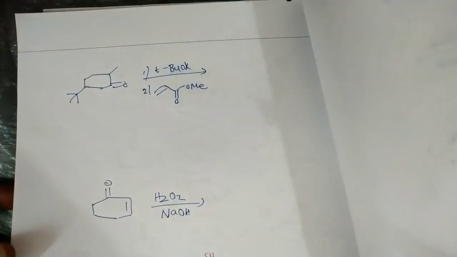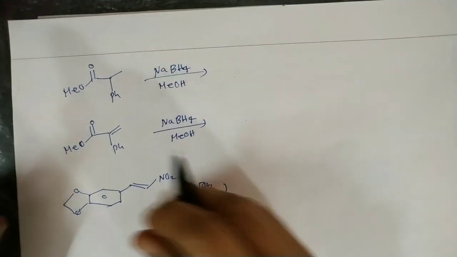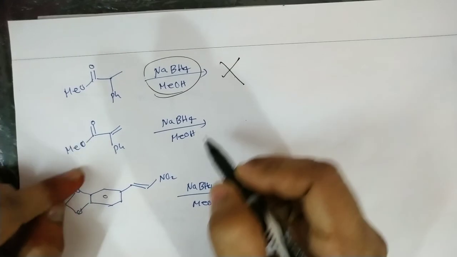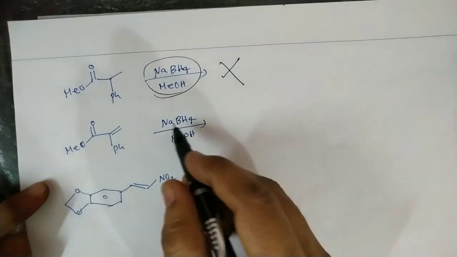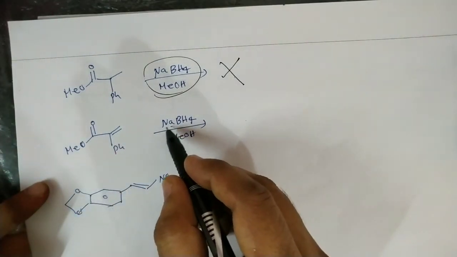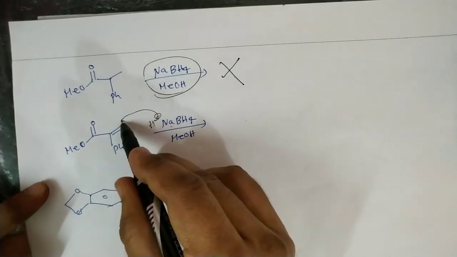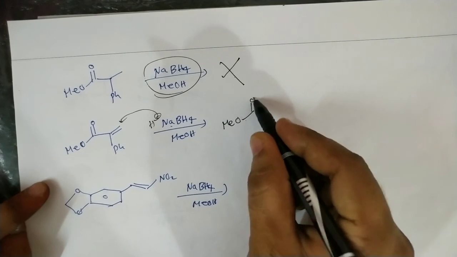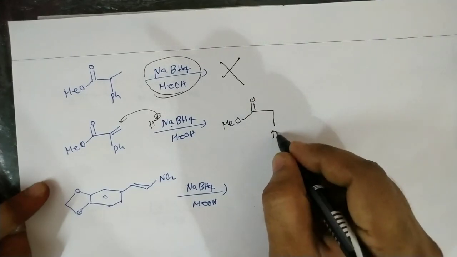And next, finally, a few examples here. This ester and this ester with sodium borohydride give no reaction, but in this case it is a conjugated ester, so H minus from this one attacks this alkene, and conjugate addition takes place. Very interesting example in this case.